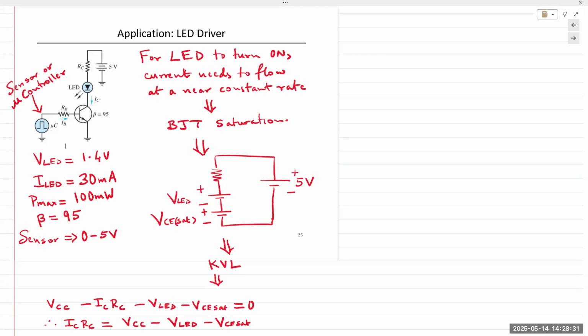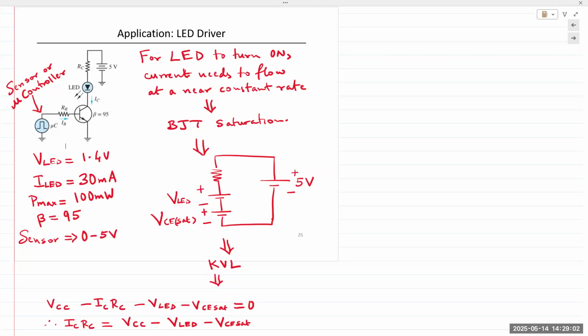Perhaps it may be a system where whatever process was under operation is now complete, and the light turns on, or it may turn off, as the case may be. But regardless of what the application is, you may have a sensor circuit or a microcontroller, and the output of that circuit needs to be displayed visually. So you use a visual indicator like a lamp or an LED.